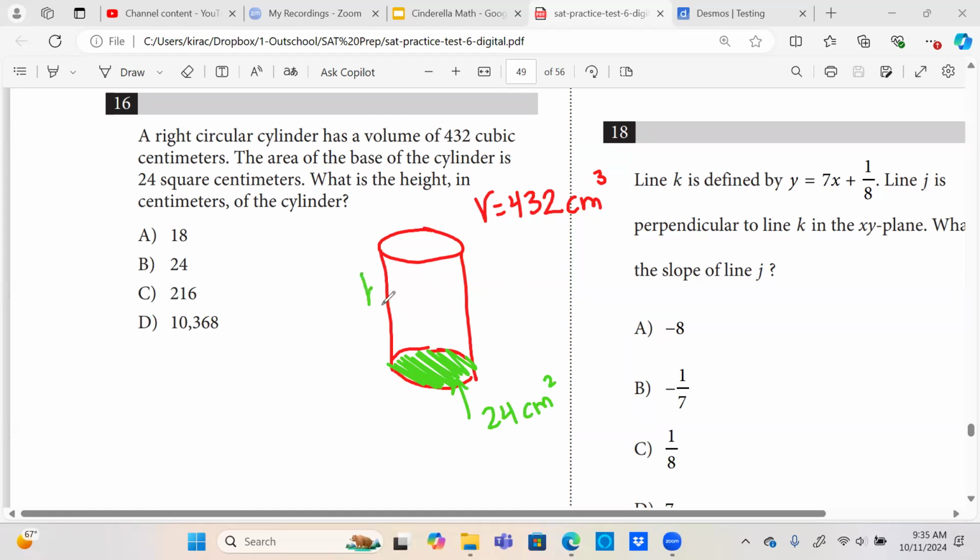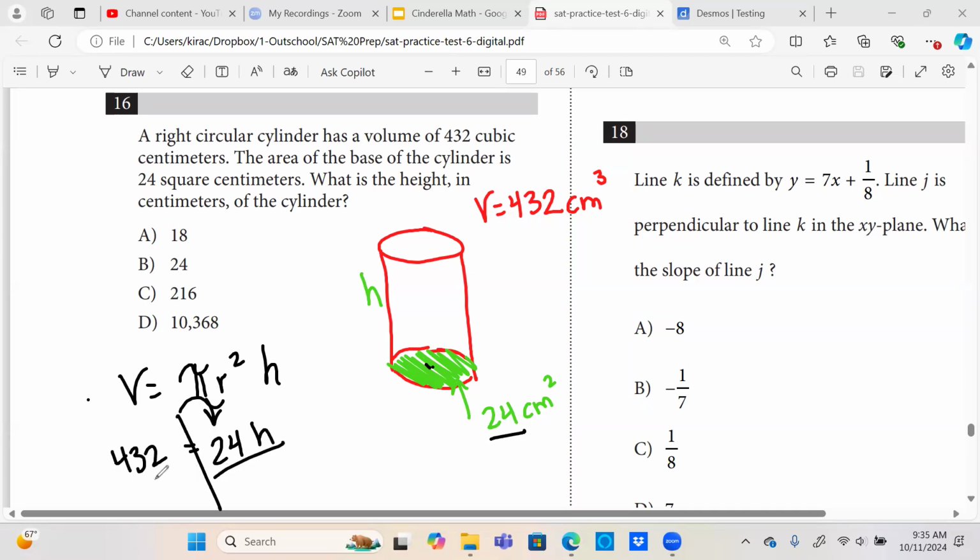What is the height? Okay, so you could look on the formula sheet for this. The volume of a cylinder is pi r square h. Well, pi r square comes from this circle. They've already told us that the base, the circle, is 24. So this part is 24. Then they've told us the volume is 432, and we're solving for h.